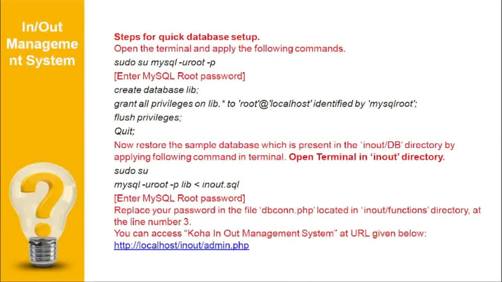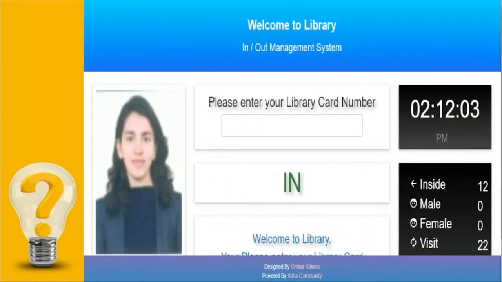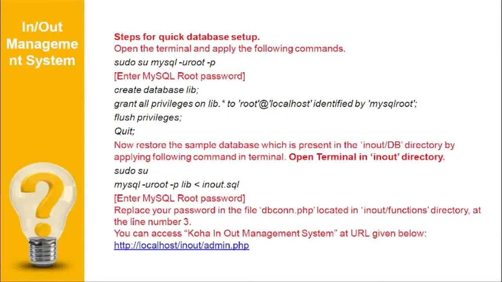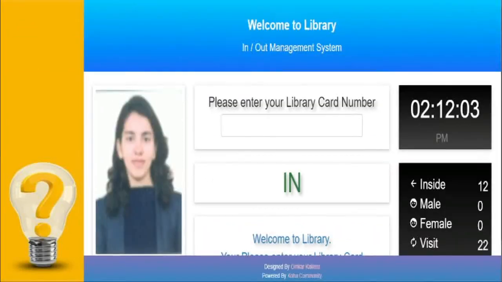I'm not going into detail of these things, as we all know how we can install all these things. So in short, I'll show you the output which we are using in our library, the in-out management system. We are using it smoothly.